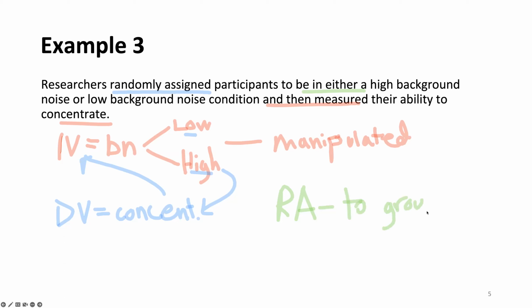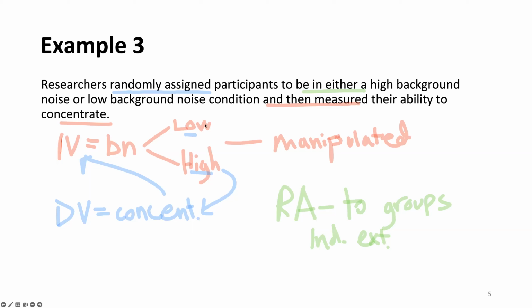We are controlling our individual level extraneous variables. So we think that this random assignment is going to even out differences on people's concentration ability to start with. So their baseline concentration level, we're going to get about the same number of people that are really good at concentrating in both conditions, in this high condition and this low condition.